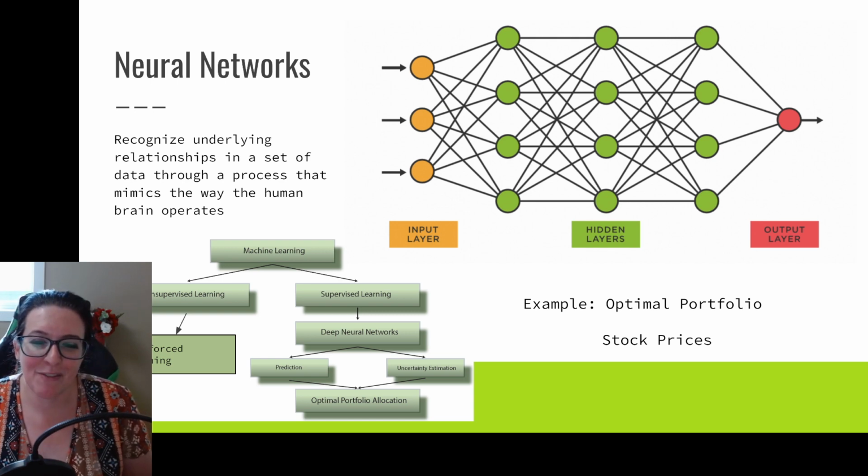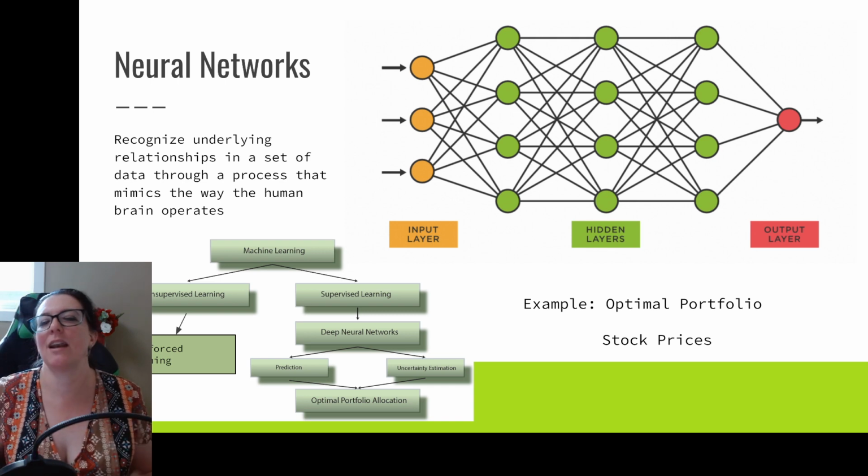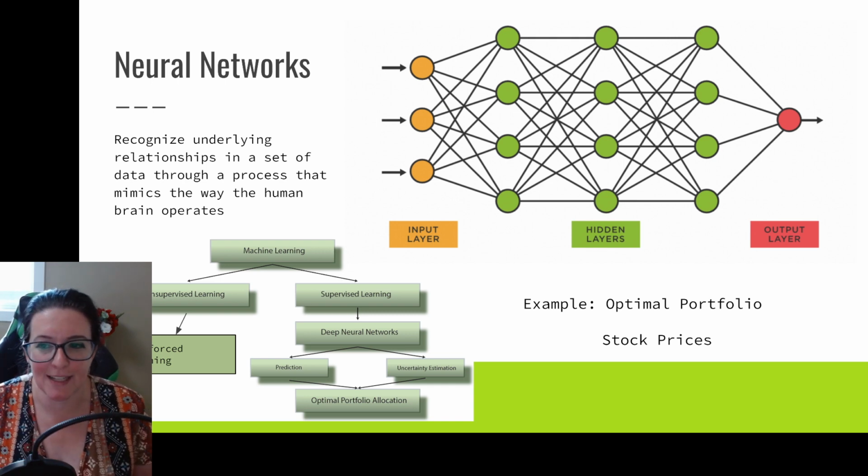So we see this in finance. It's a type of supervised learning where there's a lot of complicated information and it's identifying which variables matter, and those hidden layers.